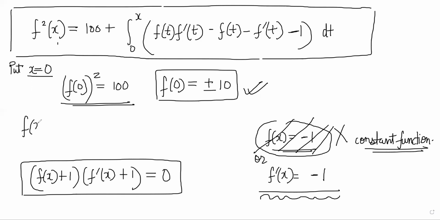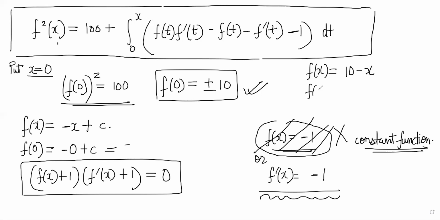That means f of x is minus x plus c, right? Integrating this and putting 0 now, f of 0 is -0 plus c. So c must be plus minus 10. So your function f of x must be 10 minus x, or f of x can be minus x minus 10, right?